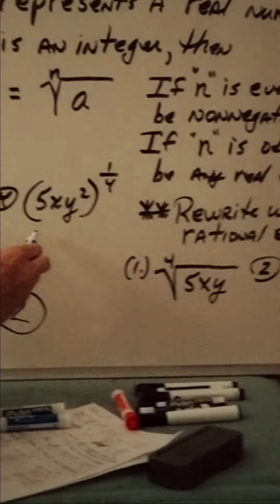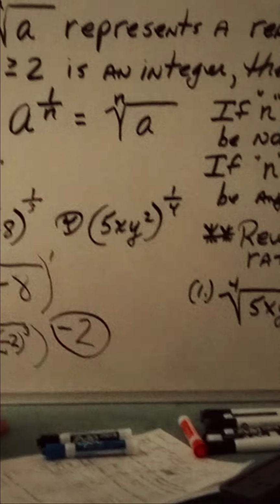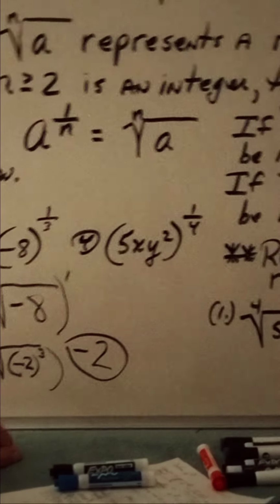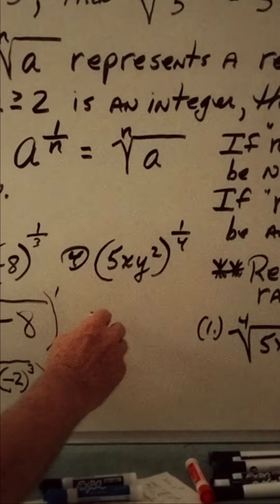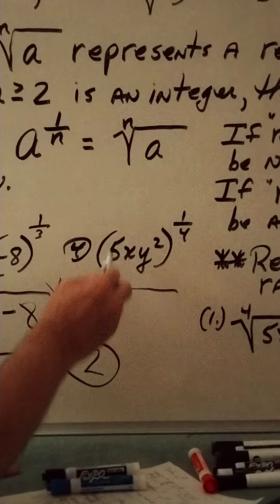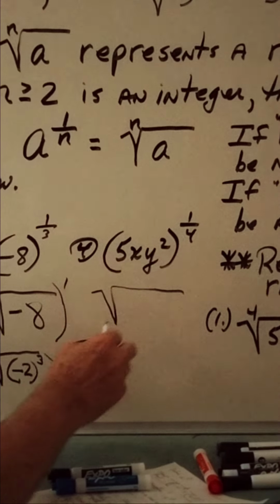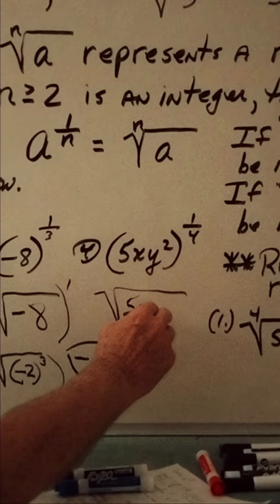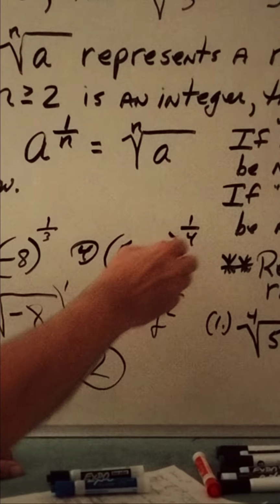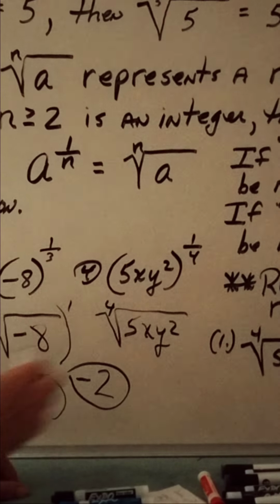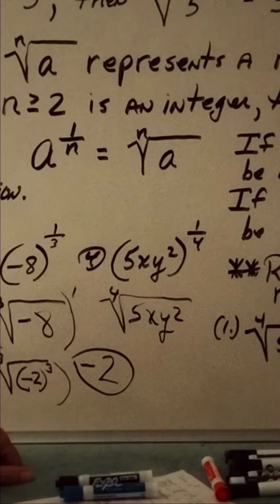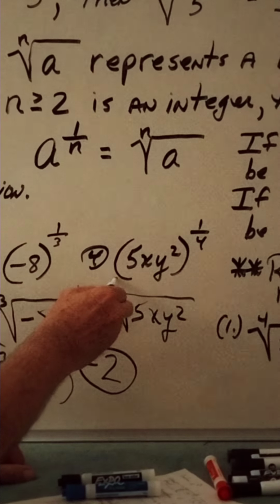And then finally on number 4, if we rewrite this using radical notation, we'll get the radical set up. The entire base becomes the radicand, 5xy squared. The denominator of 4 becomes the index. I'm not even going to worry about doing anything with the numerator of 1 because it's not going to change anything.